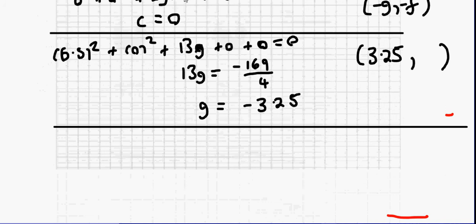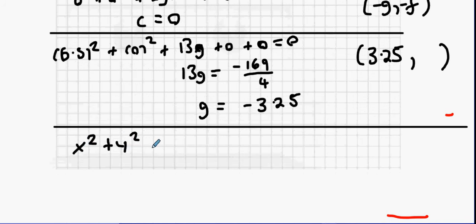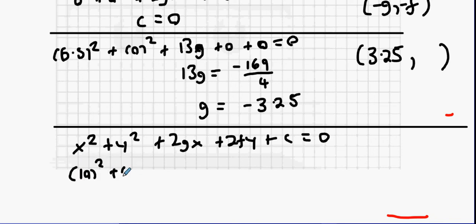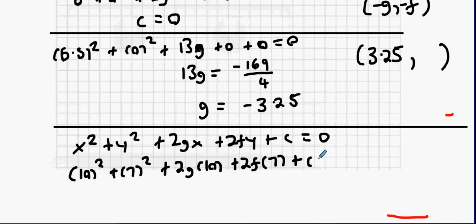Turned out a lot easier than anybody could have imagined. x squared plus y squared plus 2gx plus 2fy plus c equals 0. Replace x with 10 and y with 7, so it's going to be 10 squared plus 7 squared plus 2g times 10 plus 2f times 7 plus c, which we all know is 0, equals 0.